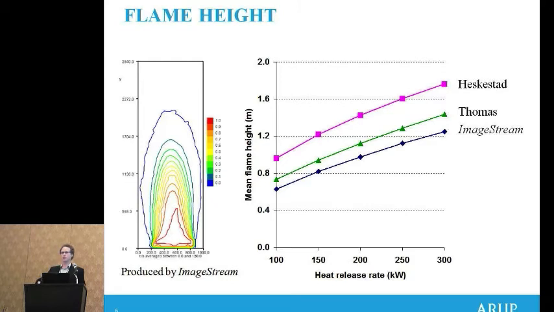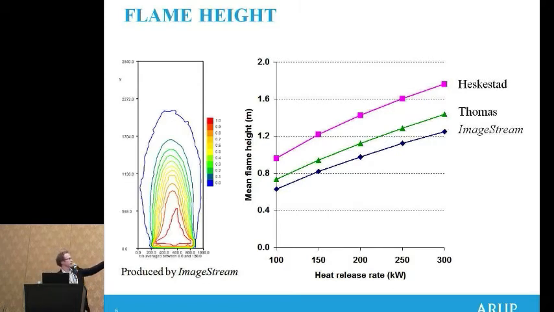If I went to heat release rates much higher than that, then the flame was extending up into the hood. I could no longer video the flame, and I couldn't get realistic measurements because some of it was shielded. So I took video of each heat release rate and then broke the video down into individual frames, averaged those frames over time, and then used the software to come up with this contour intensity plot, which shows where the flame existed during the period of the video at different probabilities.